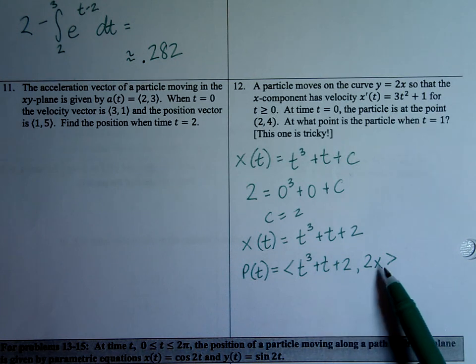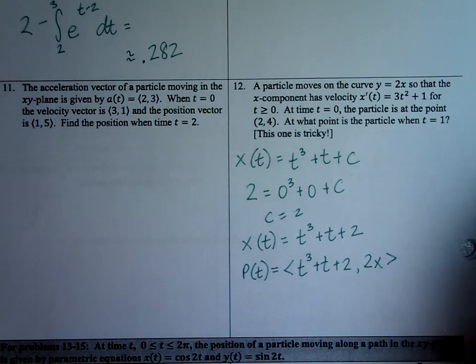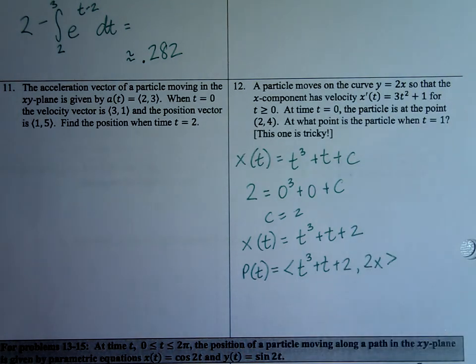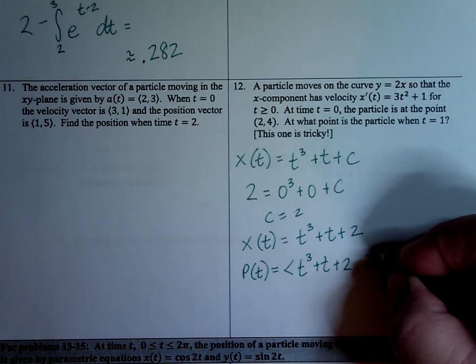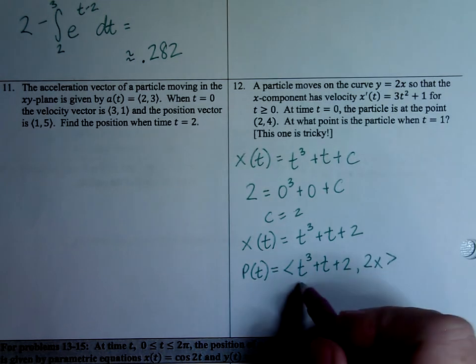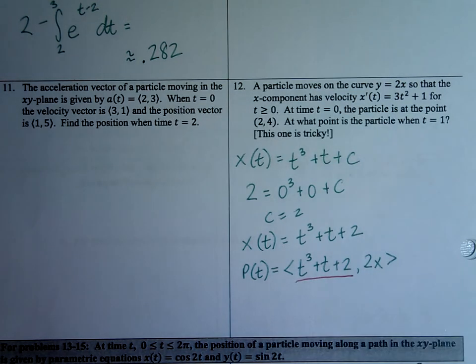So then you got to think, well, how on earth can I change the x into a t? And here's the story. This is where it's tricky, but it should logically make sense. Isn't this what x equals? Doesn't that equal x?